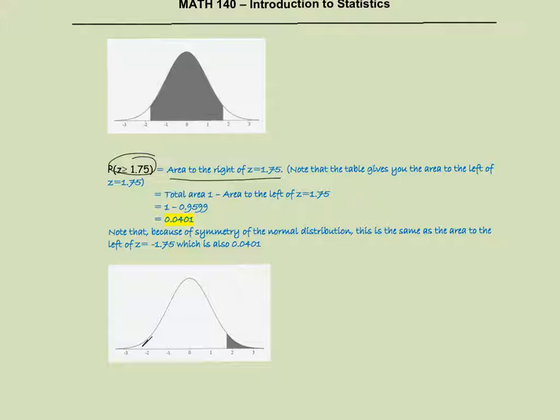So this entire area to the left of 1.75 is 0.9599. But if we want to find the area to the right of it, then we just go 1, which is the total area, minus 0.9599, which is 0.0401.